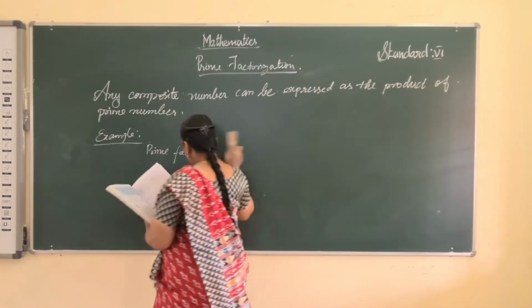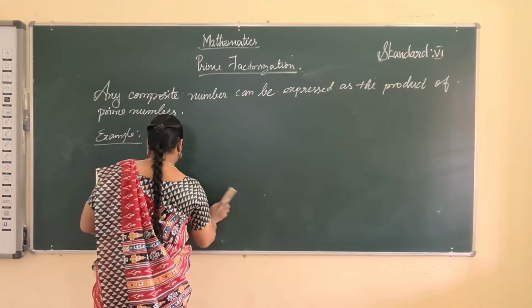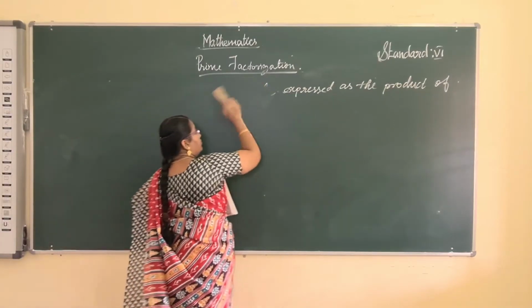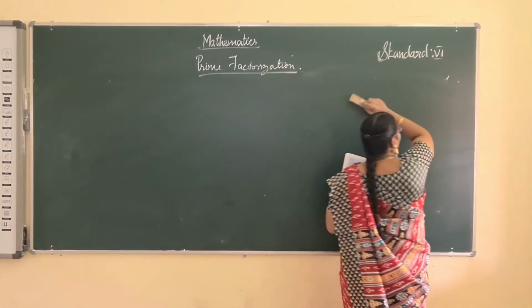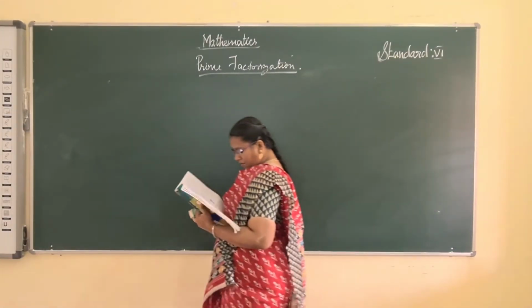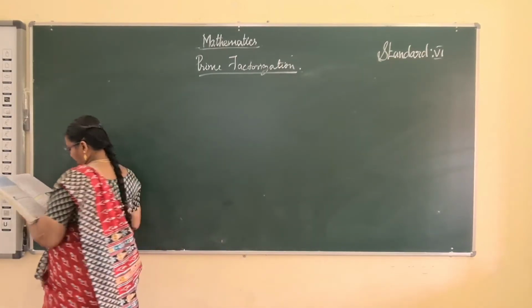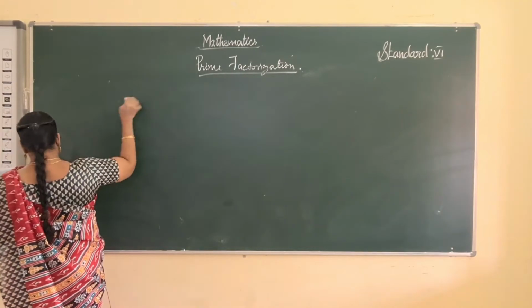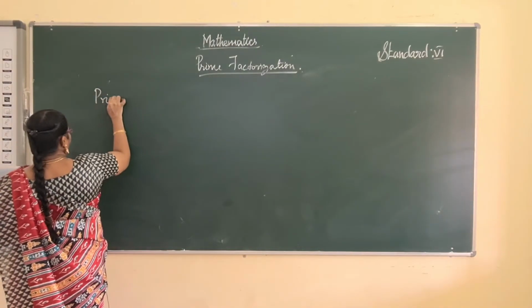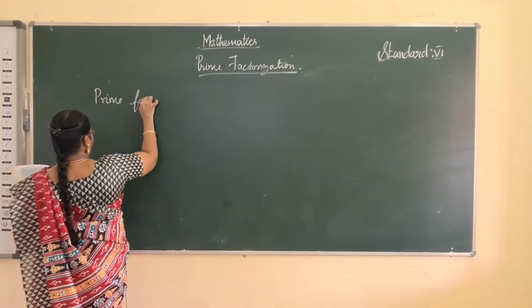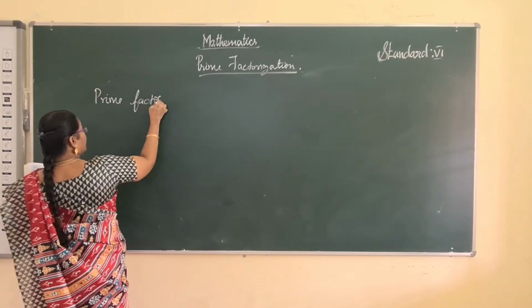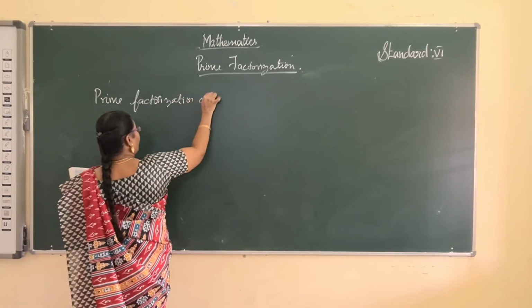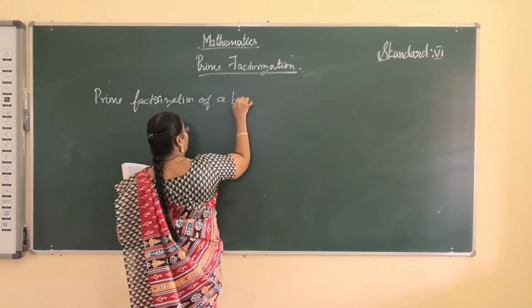Next method: prime factorization of a bigger number using the short division method. So a bigger number is given.